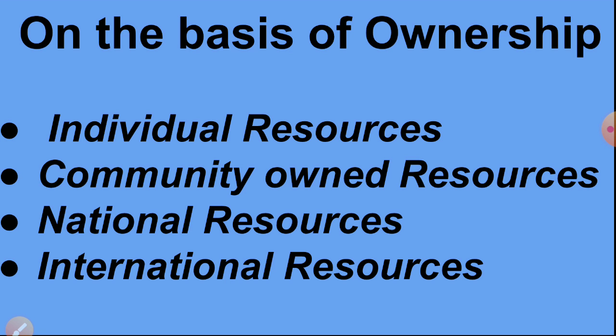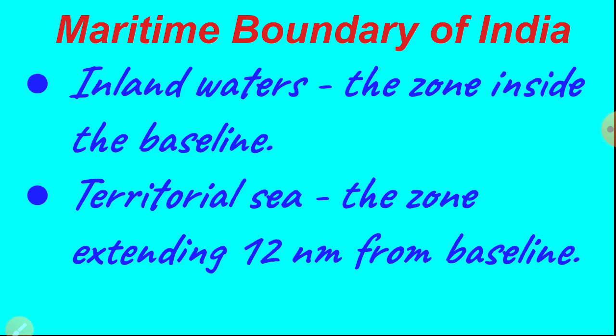International resources. There are international institutions like the International Maritime Organization that deal with maritime boundaries. There is a small introduction of the maritime boundary of India. So first, inland waters, the zone inside the baseline.